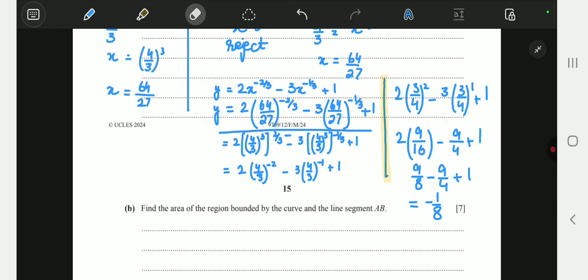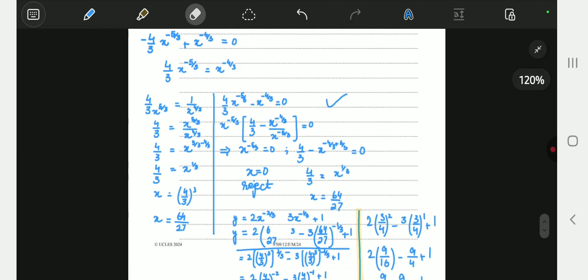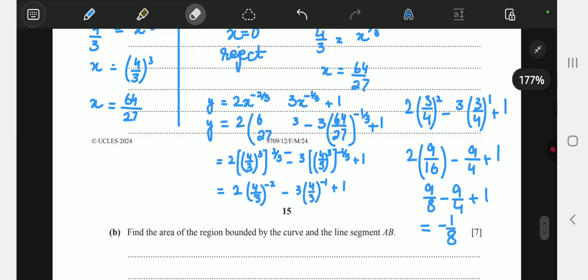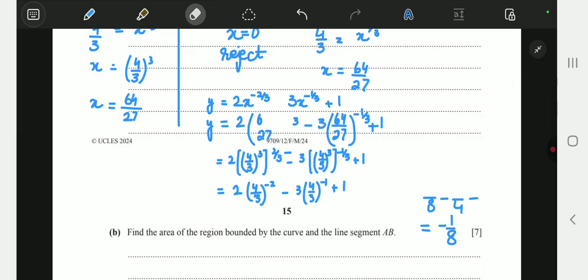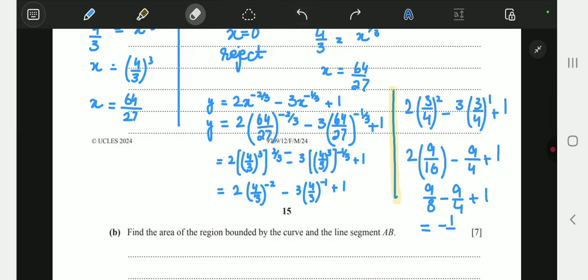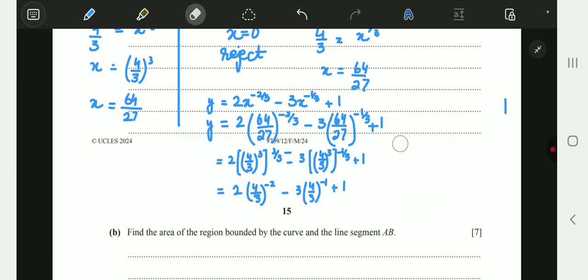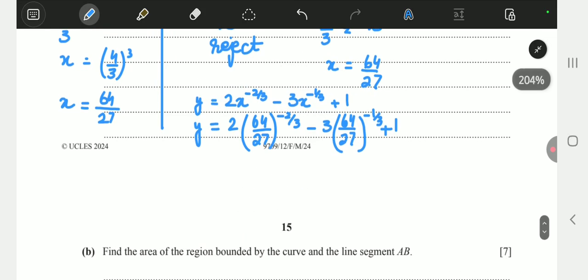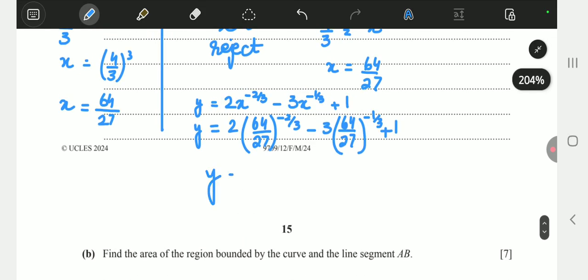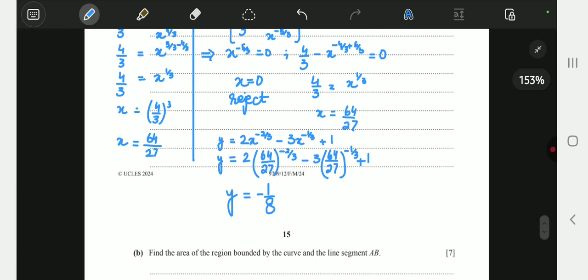In the above part you can't do that obviously, but here in the y part you can directly put the values in a calculator and you will get your y value to be equals to -1/8.